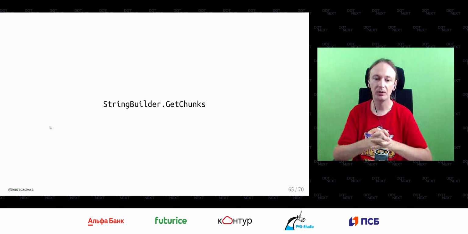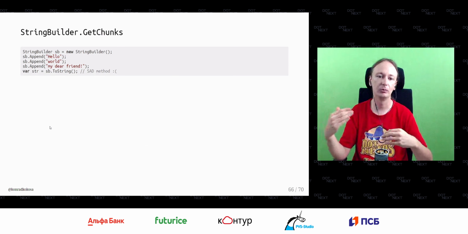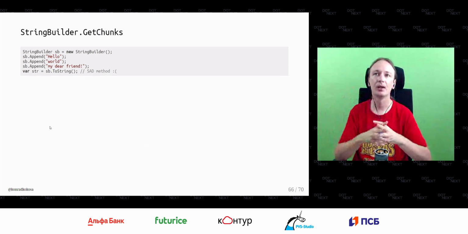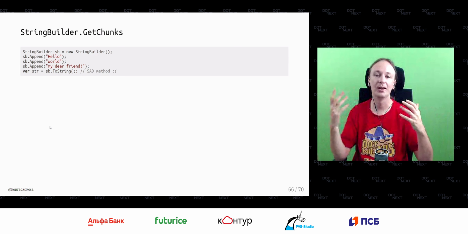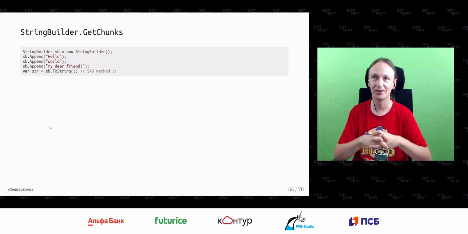And the very last thing, because we are running out of time, is the new API for StringBuilder. StringBuilder so far exposed this very sad method. We were filling the data inside the buffers of the StringBuilder with the help of the Append method, but then at the end we really needed to create a string, allocate a string, which was sad, because probably we would like to avoid allocating strings here.